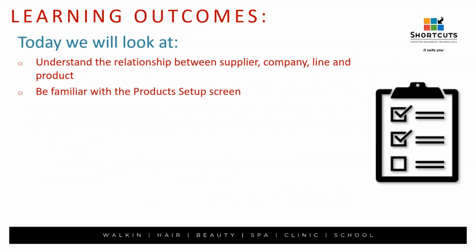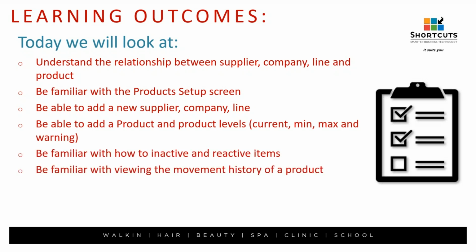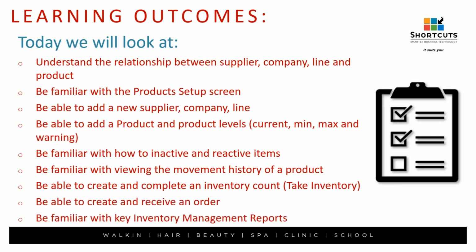So what are we looking at today? Inventory. You need to understand how inventory works in Shortcuts. There is a relationship between suppliers, companies, lines, and products. Once you get this down, you'll start being able to correctly track your products, place your orders, and know where to enter barcodes and other information.